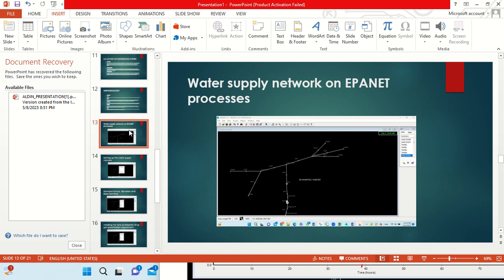Now we'll look at the EPANET, which is the system that we are going to use to design this water distribution system required by the local municipality.